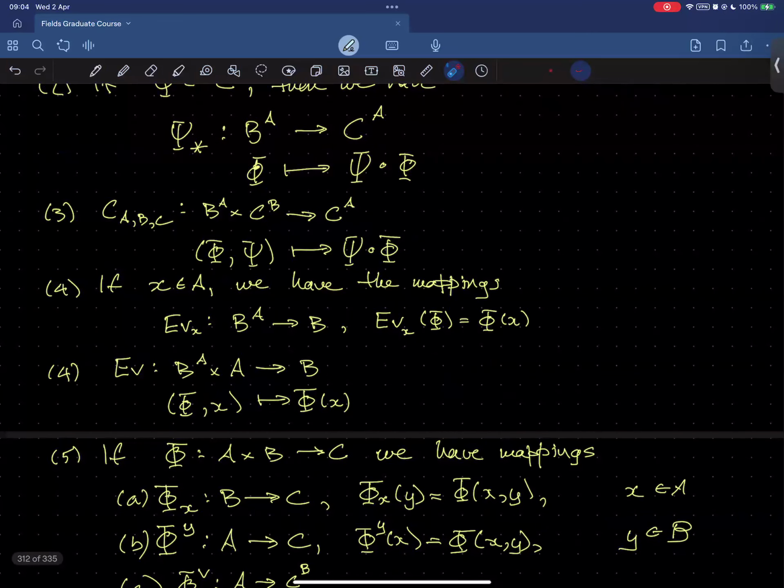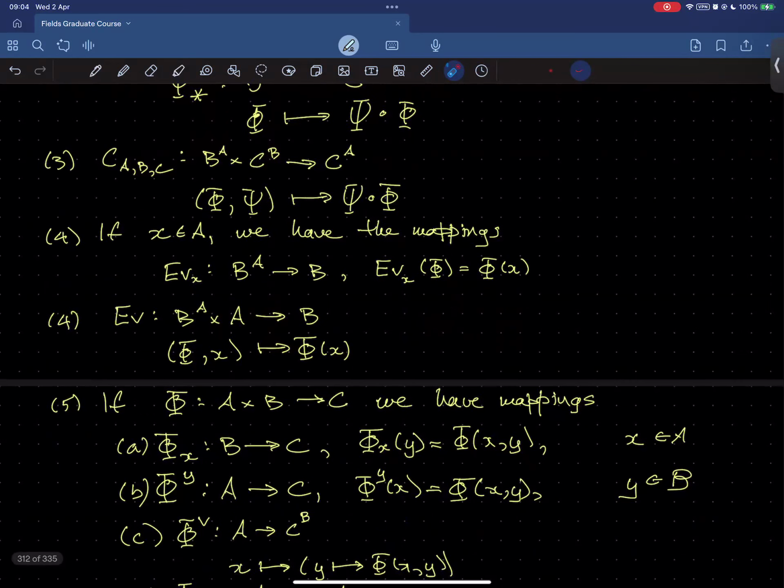Evaluation mappings. Okay. So I take a point, fix a point X in A. Then I have the mapping, which is evaluation at X. So this takes a mapping from A to B, gives you a point in B by the obvious rule. It takes a mapping phi and evaluates it at X. Evaluation mapping.